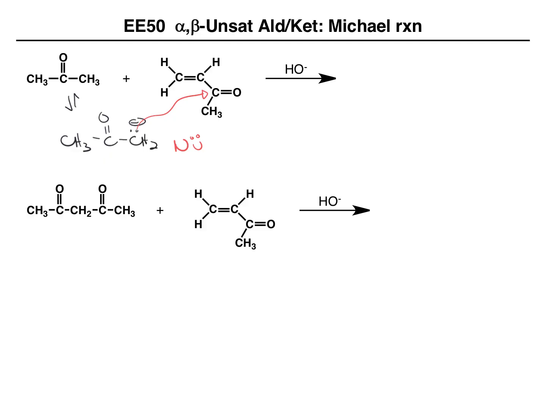But the real question is whether it will equilibrate to give 1,4 addition. Well, I just mentioned that these hydrogens are more acidic than other hydrogens connected to sp3 hybridized carbons that are not adjacent to a carbonyl.